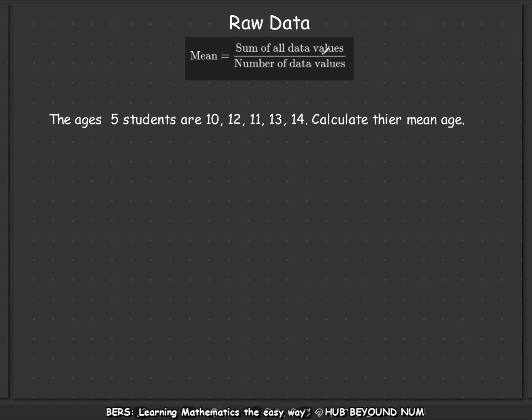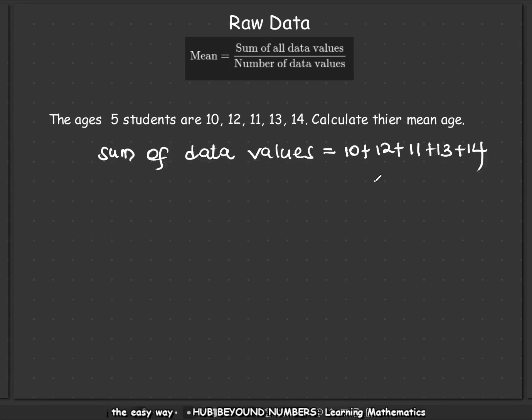The sum of the data values is 10 plus 12 plus 11 plus 13 plus 14. Those are the data values, so we add all of them together, and we get 60.